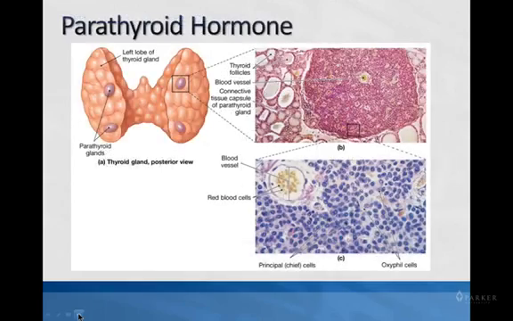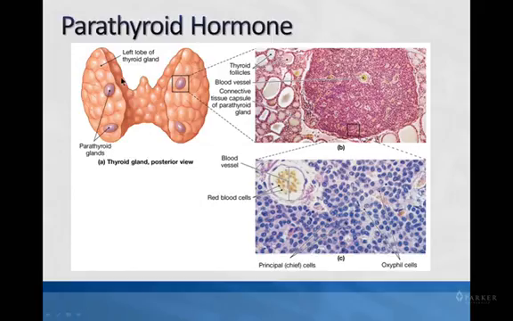Now let's move on to parathyroid hormone. Parathyroid hormone is made by the parathyroid glands, and most people have 4 parathyroid glands, which are on the posterior aspect of the thyroid. So they're right near, embedded within the thyroid gland. If you look here, these are the thyroid follicles, and you'll notice right here is the thyroid gland, and here is the actual parathyroid gland.